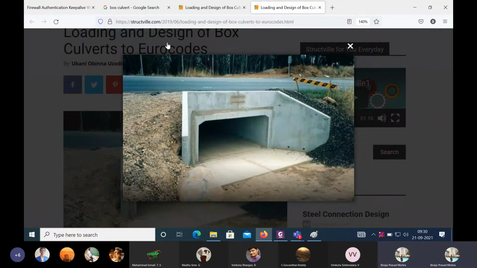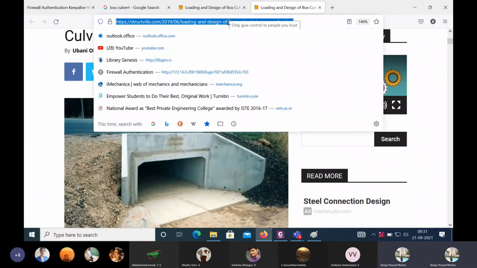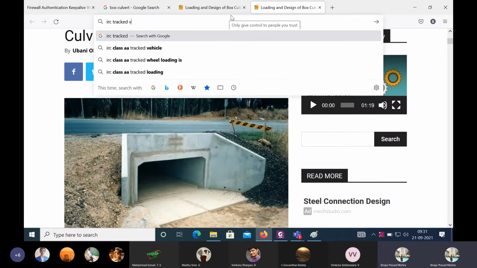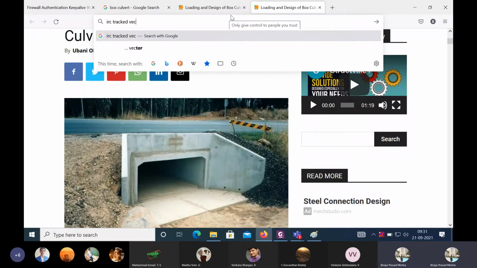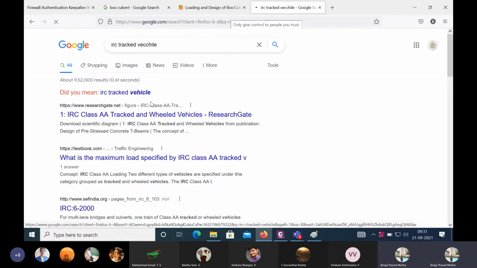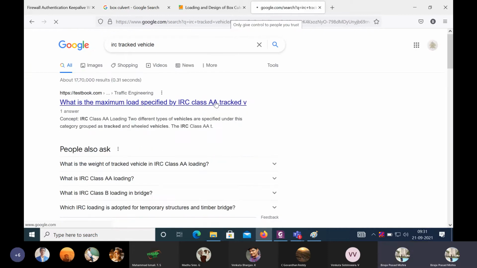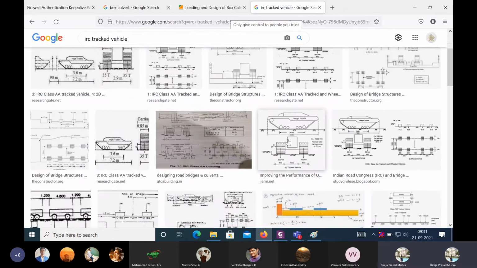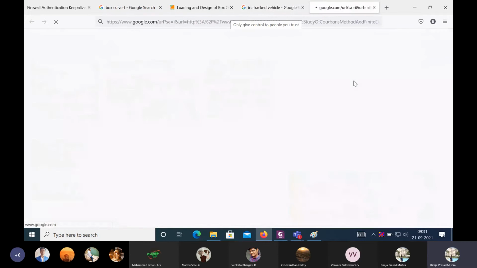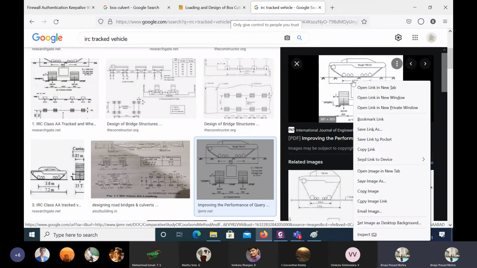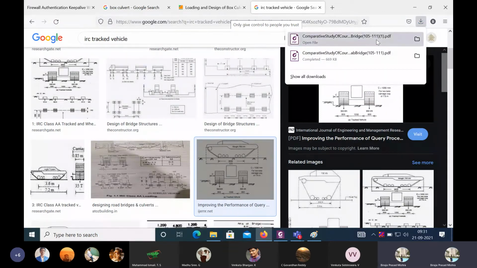Let me open this one. IRC tracked vehicle. See this one.